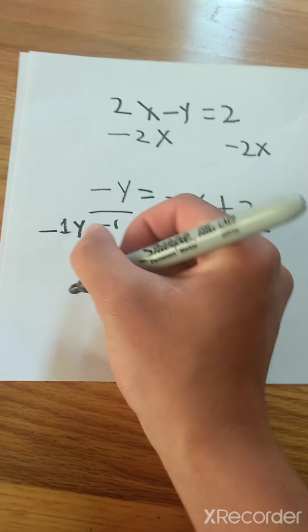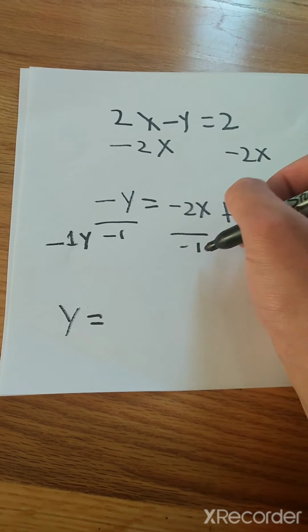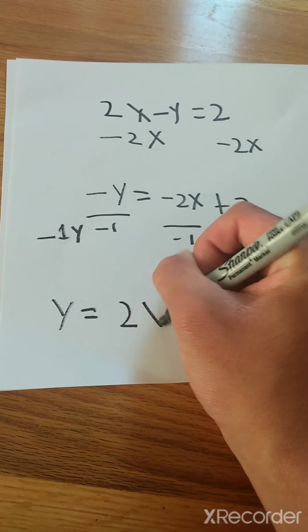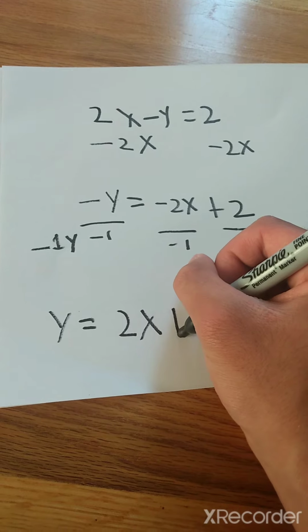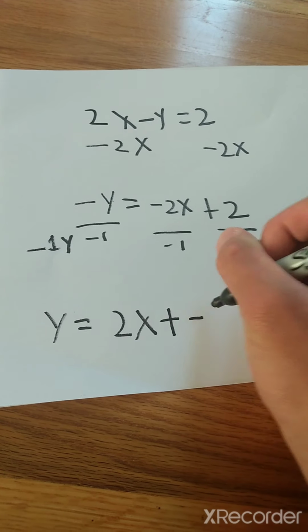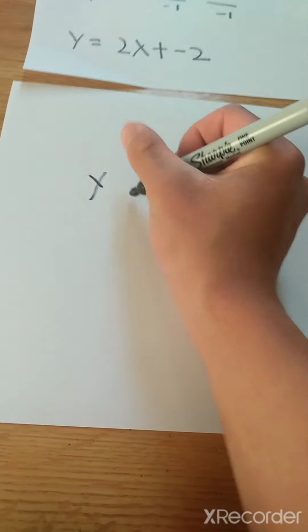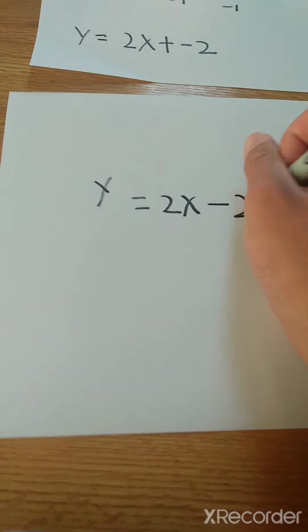We will be able to get an answer of y equals 2x minus 2, since negative 2 divided by negative 1 is positive 2 and negative 2x divided by negative 1 is 2x.